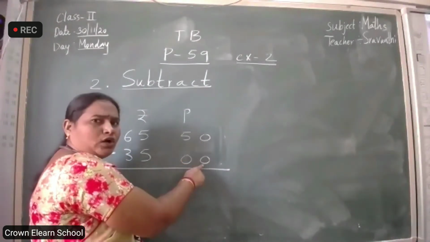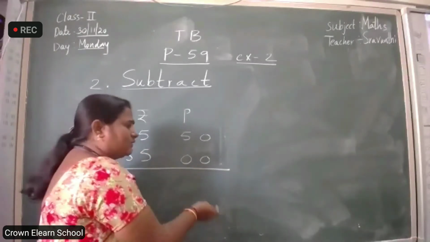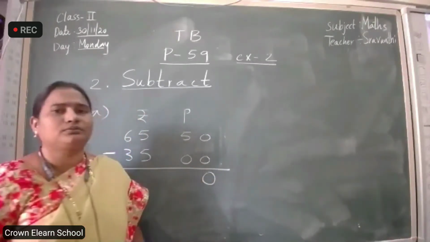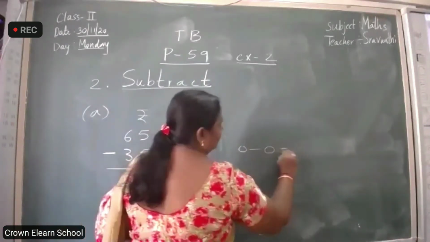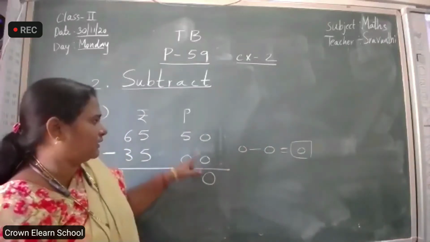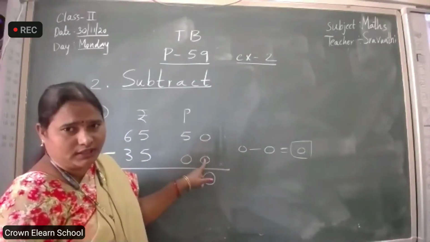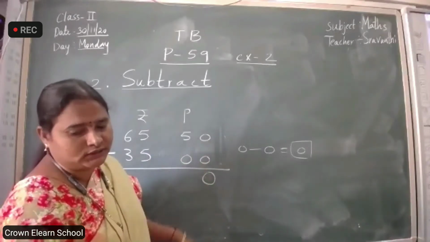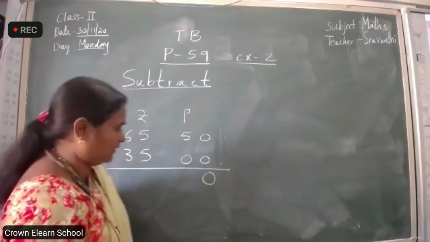And another 0 has nothing. So nothing, nothing. The answer will be nothing only, 0. 0 minus 0 is 0. We know that. 0 doesn't have anything. The answer is also nothing only. Write right here with pencil, in the answer.